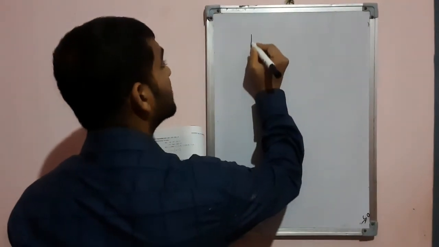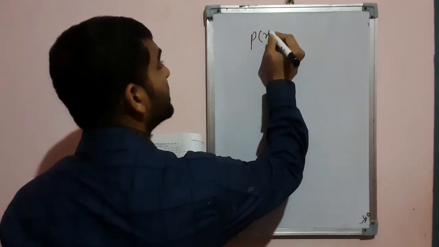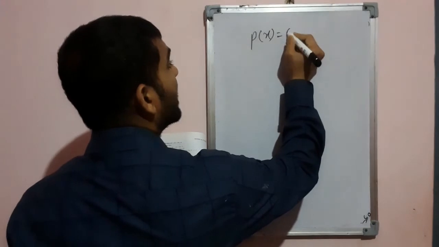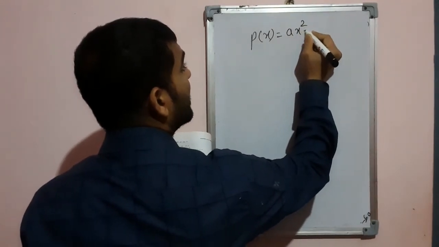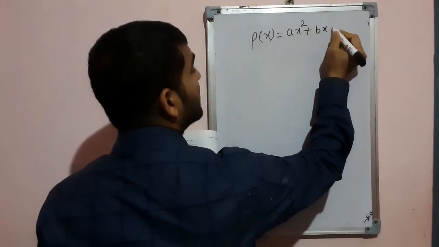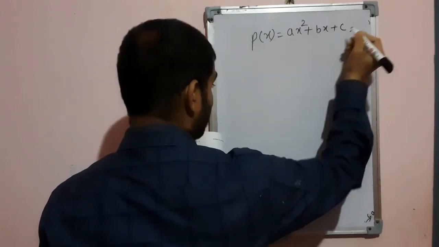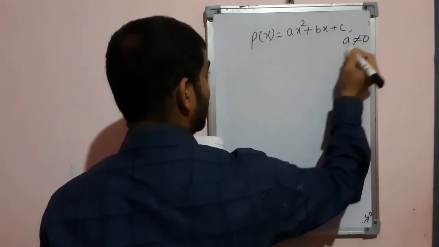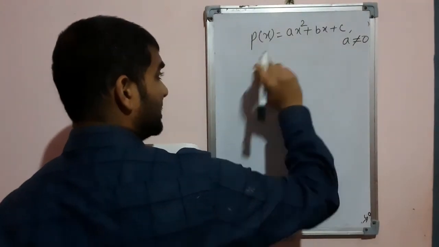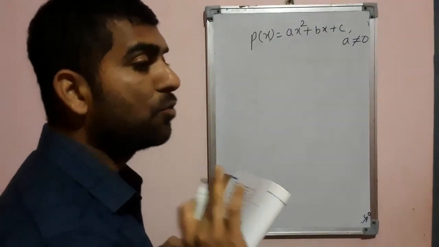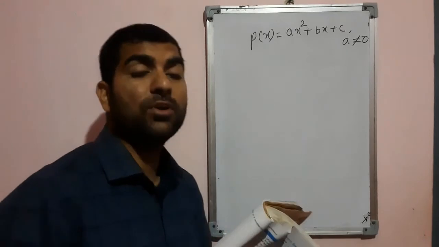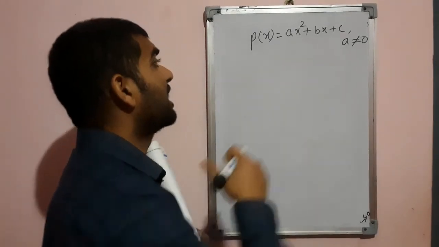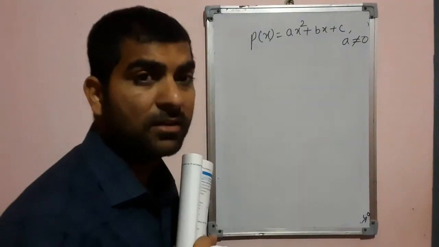So now let us take the standard equation of a quadratic polynomial: ax square plus bx plus c, where the condition is that a cannot be 0, because if a is 0, then this term will be 0 and it will be no more a quadratic polynomial.